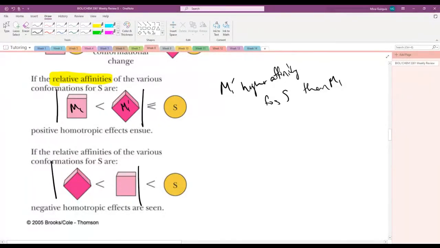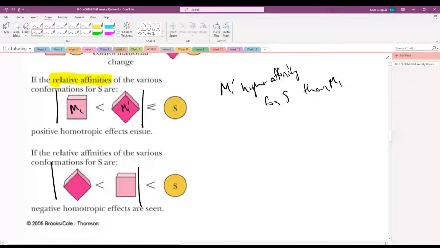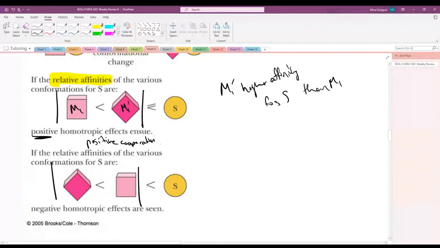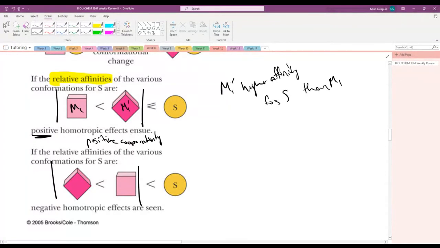That's what this diagram is saying. In other words, the conformational change activated M1. That is positive cooperativity. Okay. This is the only type of cooperativity that we can show with the MWC model.